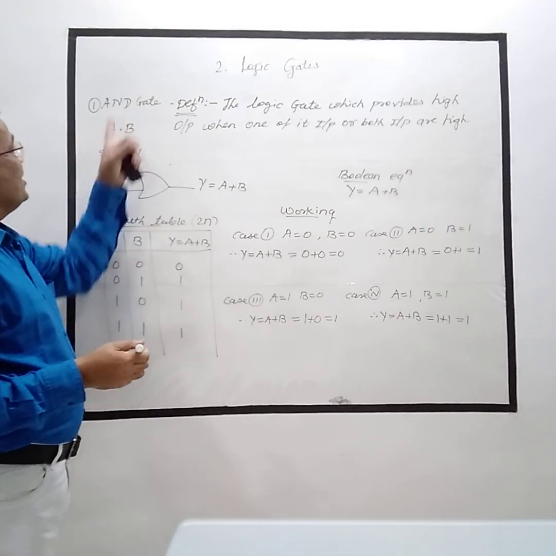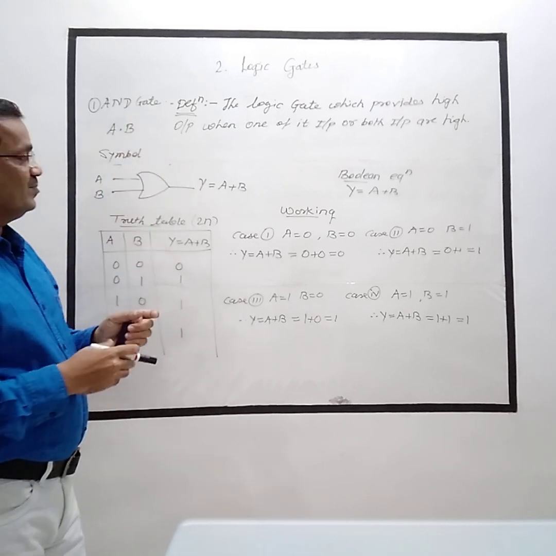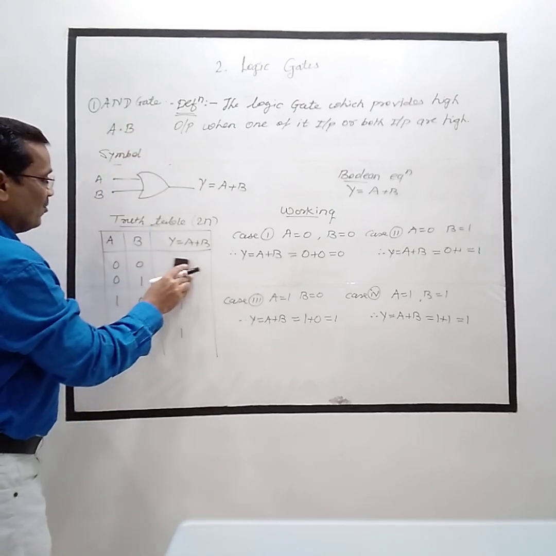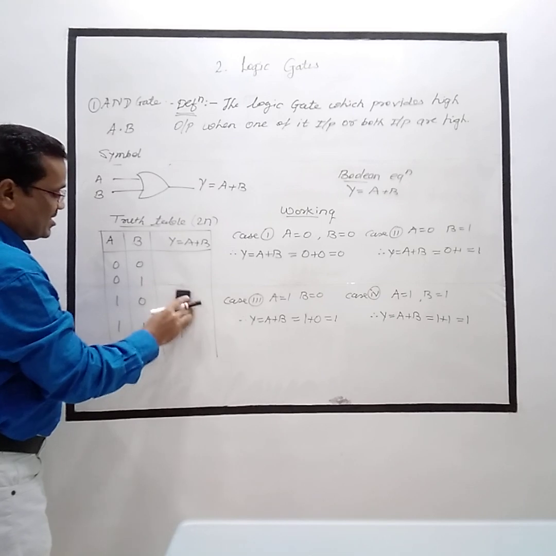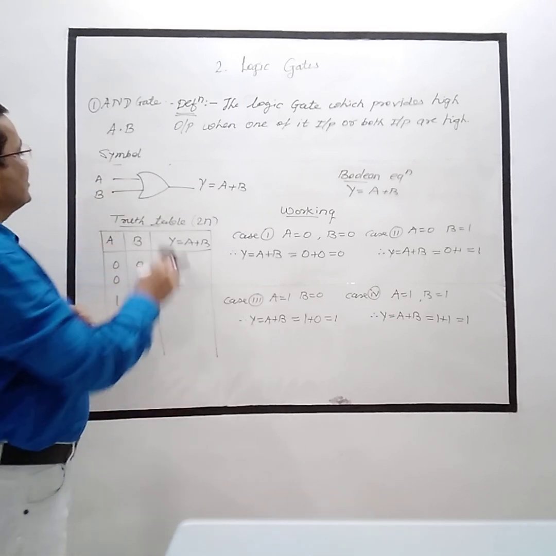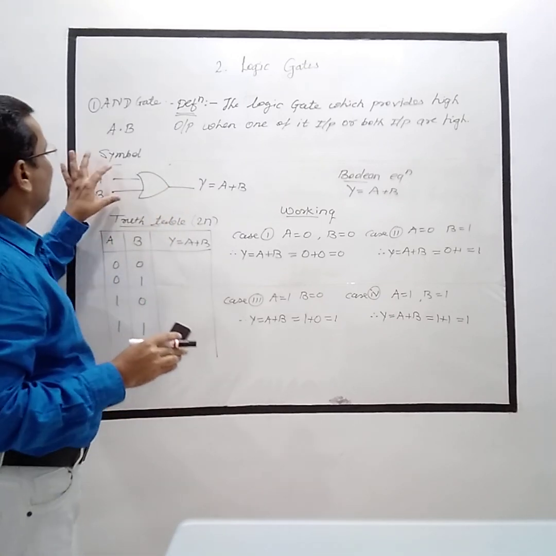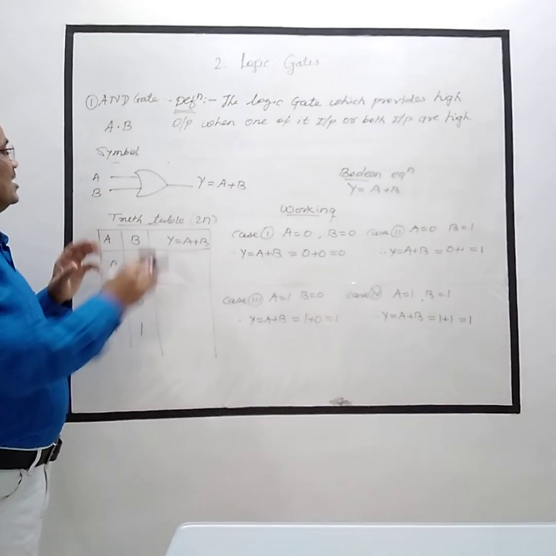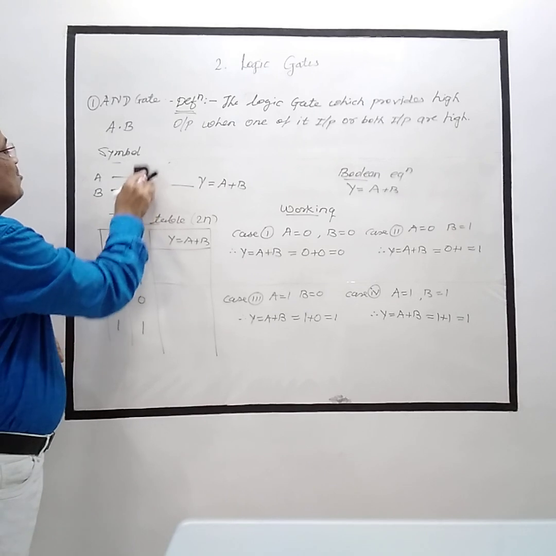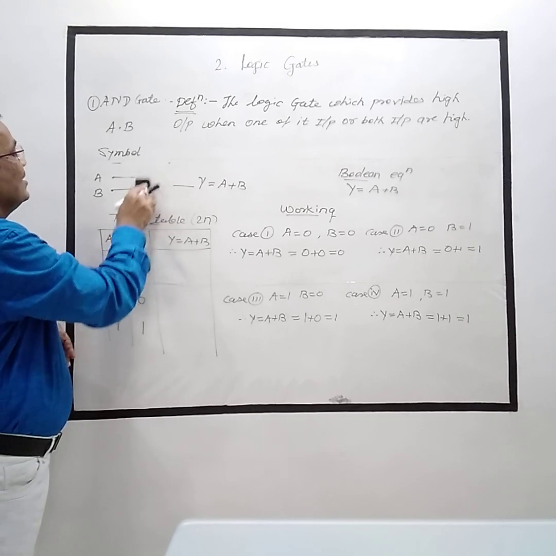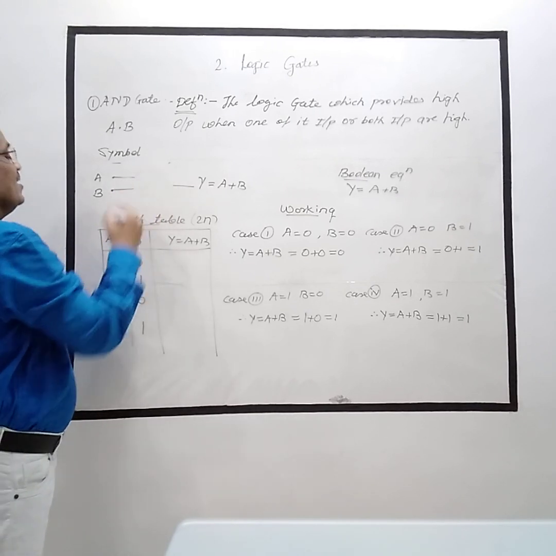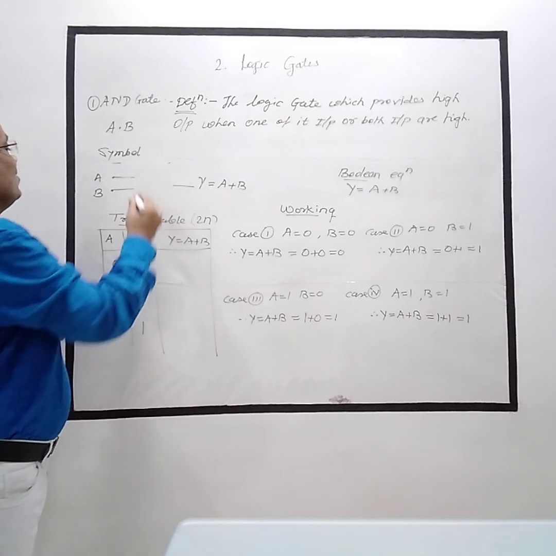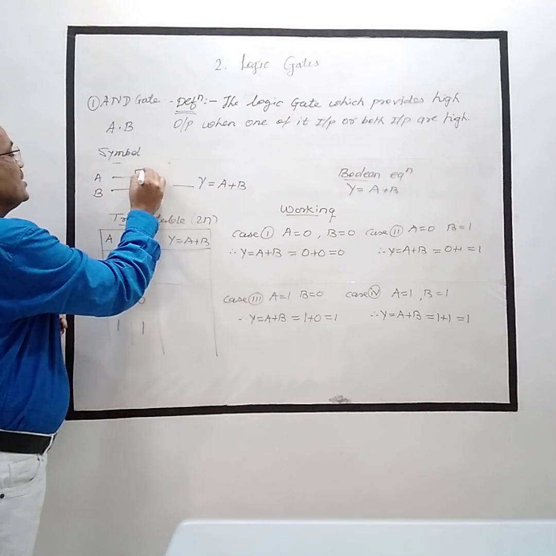Now how do we define this AND gate? The truth table possible combinations will remain the same. We consider the AND gate of 2 inputs. So the AND gate symbol will be like this, like a capital D. So it is the AND gate.